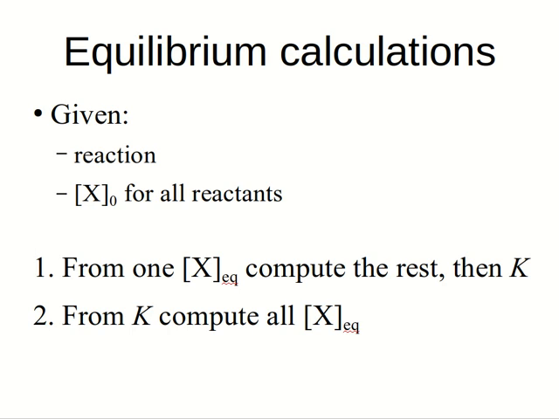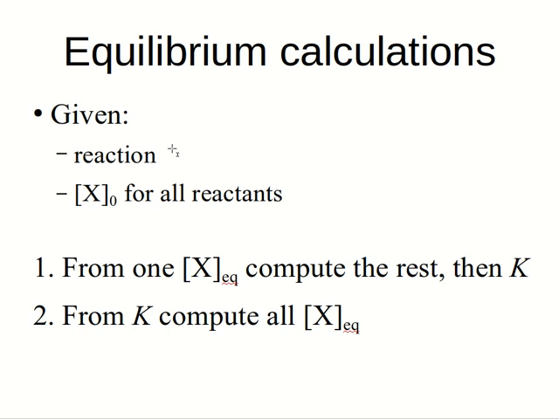Now that we have the law of mass action, let's talk about two typical ways it's used. I call that equilibrium calculations. There are more ways, of course, to use it, but those are the two most typical. What is typically given is the reaction.